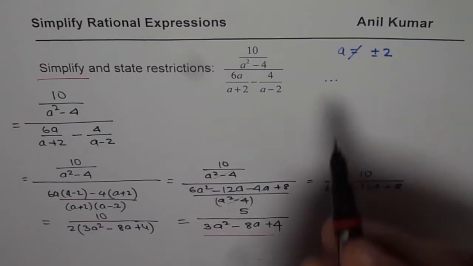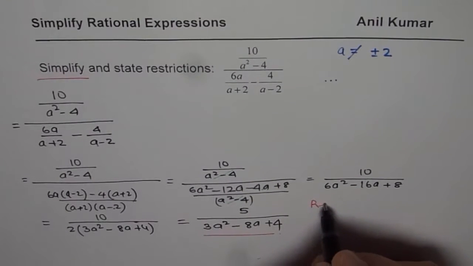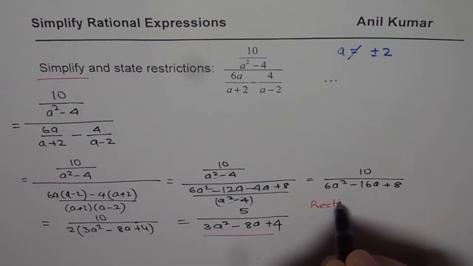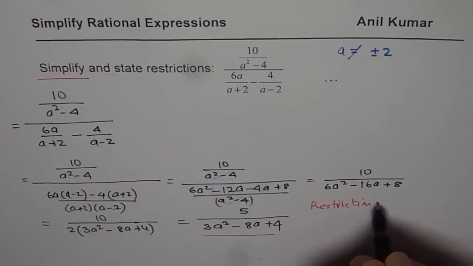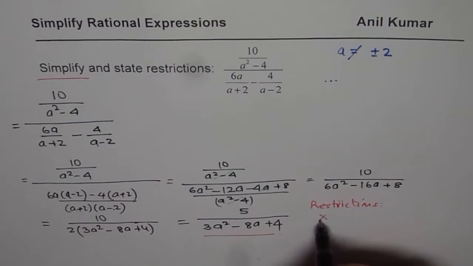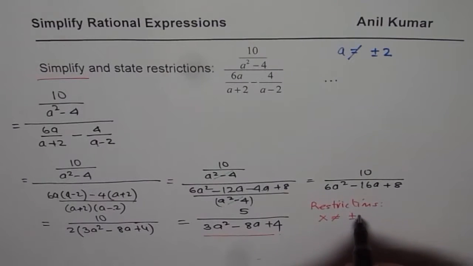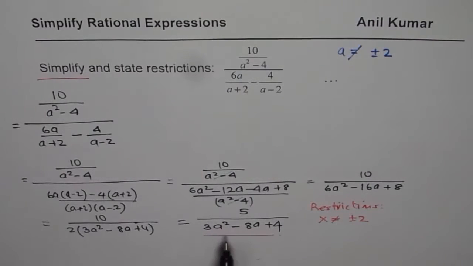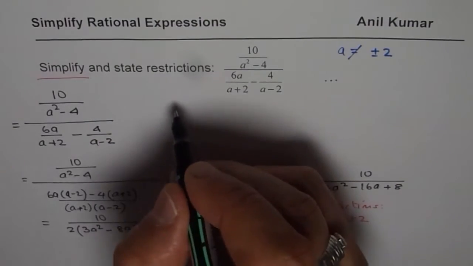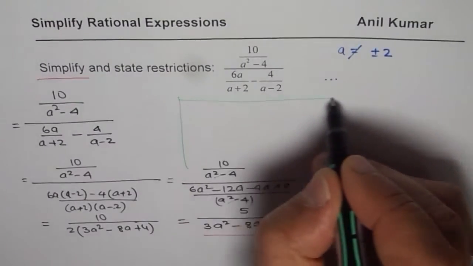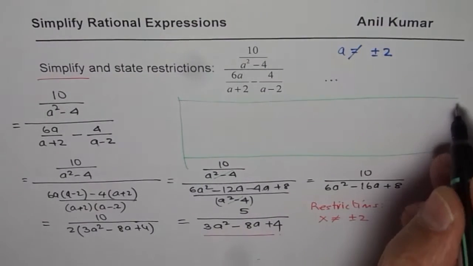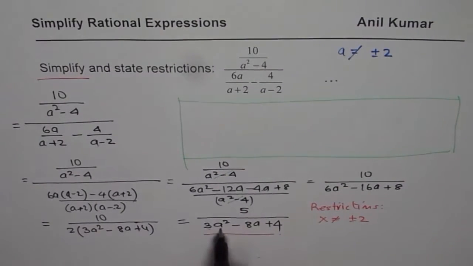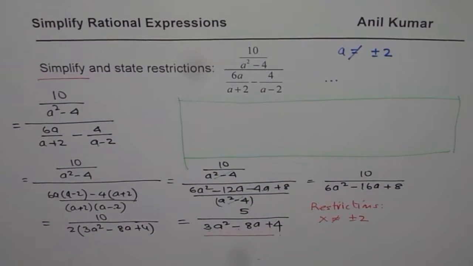Now, for the restrictions, we do have two restrictions. One is that a is not equal to plus and minus 2, since we could have got 0 because of these factors. The other one could be because of 3a square minus 8a plus 4. So in this space, let me find the restriction because of 3a square minus 8a plus 4.